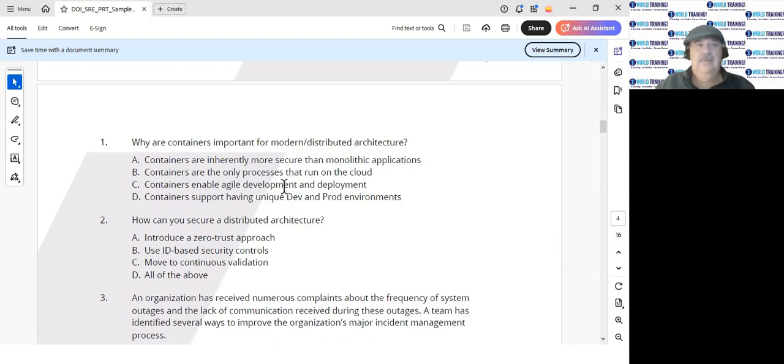Another hint is I would recommend you go through all 40 questions and just make a mark as you go through it the first time through and select some answer, A, B, C, or D. If you're 100% sure about your answer, then just leave it at that. But if you have any doubt, you can also click, I'm not sure. And then after you've answered all 40, go back to the ones that you clicked, I'm not sure.